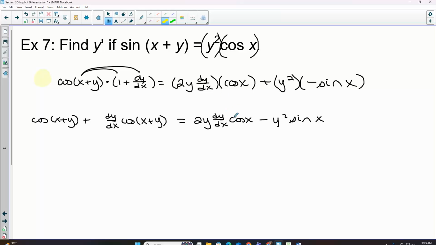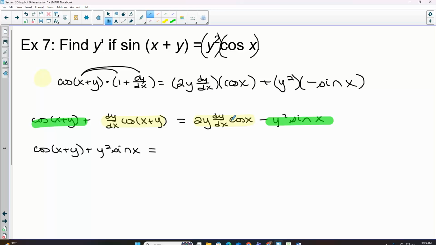So definitely ugly. Ultimately, we have two terms that have a dy dx in it and two terms that don't. So we need the terms with it on one side and the terms without on the other. I am going to move over my y squared sine x just so I can avoid having every term negative, but if you did the other way, that's fine.